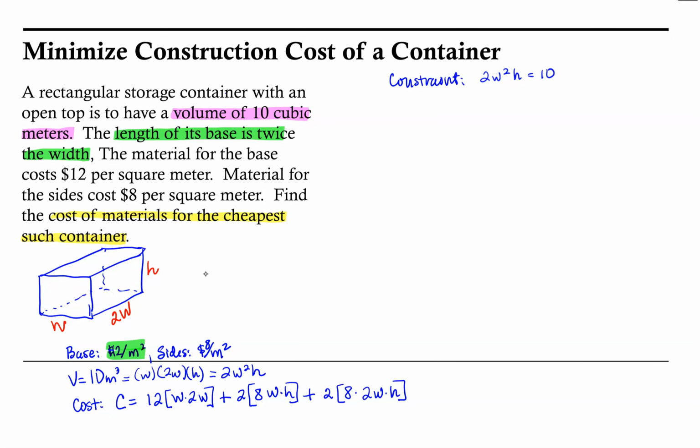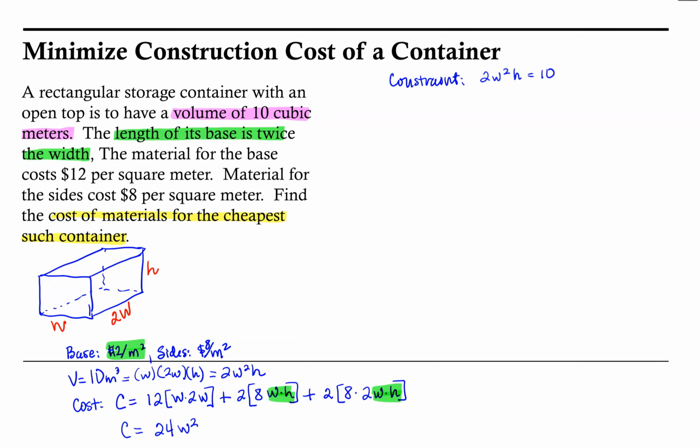So let's simplify this a little bit. Our cost function is going to be, our first term will be 12 times 2, or 24, W squared. And notice that our second 2 terms have variables W times H, so we can combine those.